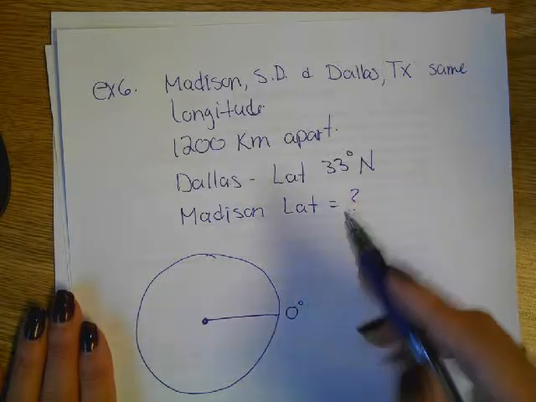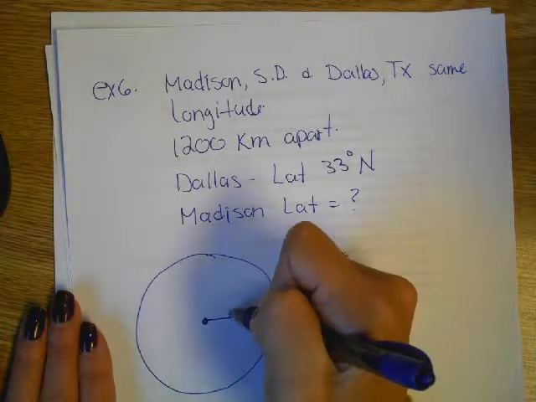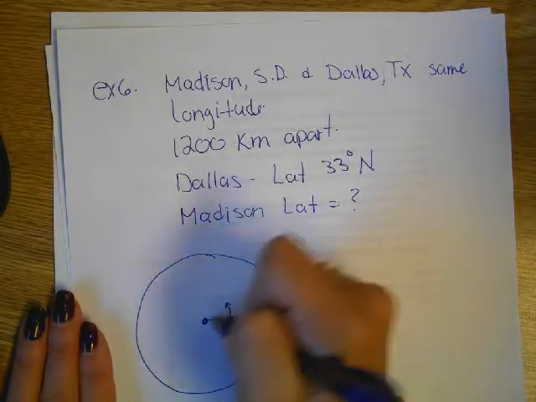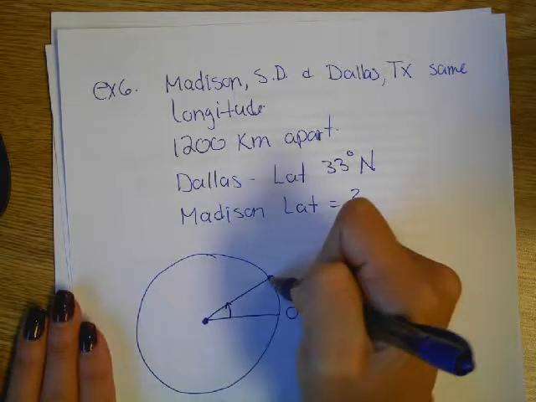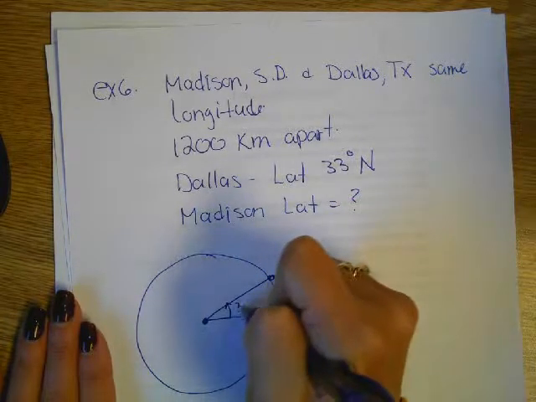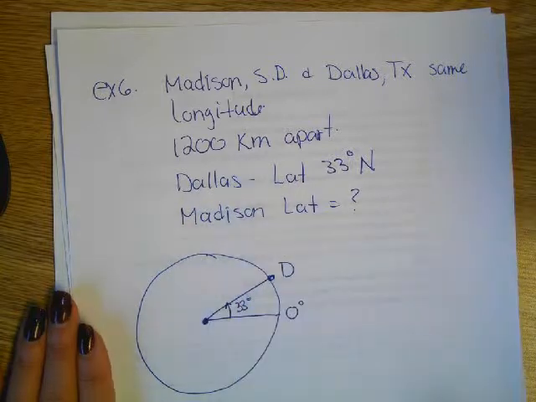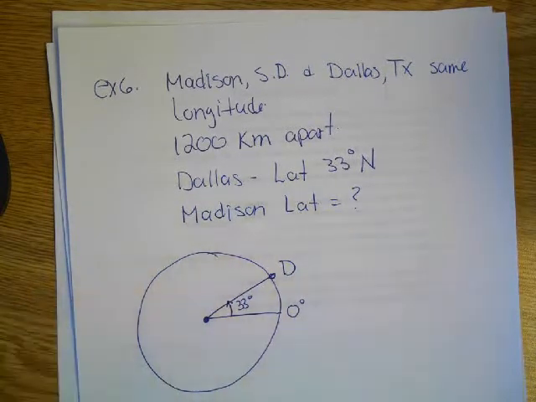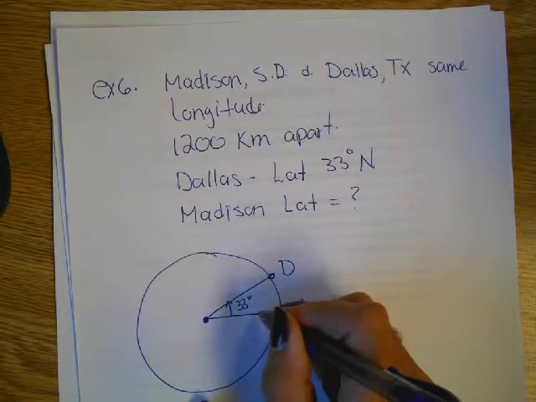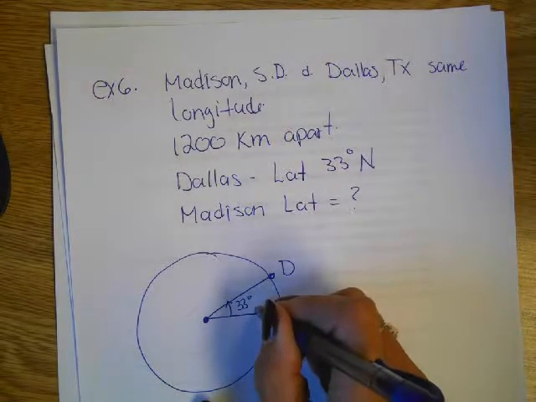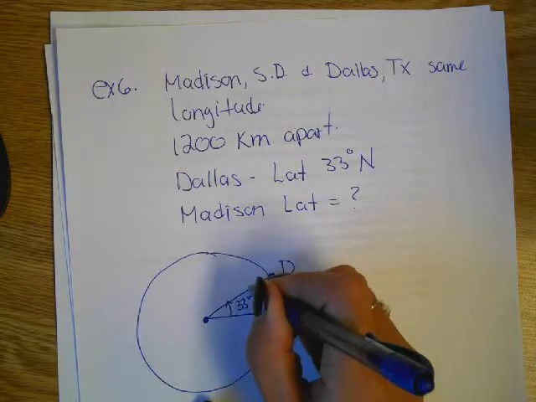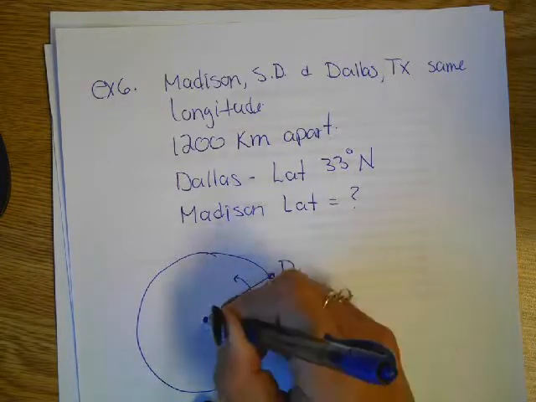We've got Dallas at 33 degrees north, so we'll swing up 33 degrees. Madison, South Dakota: north of Dallas or south of Dallas? So we gotta go farther.